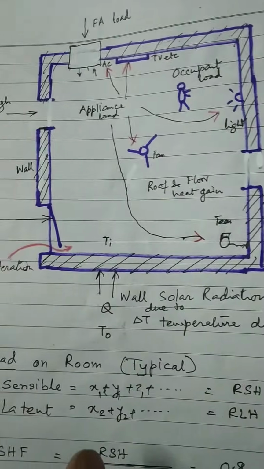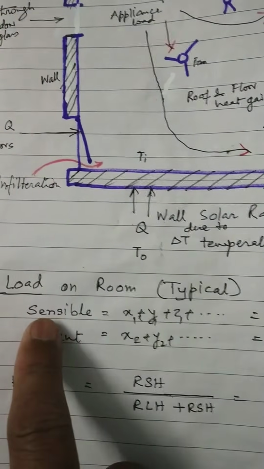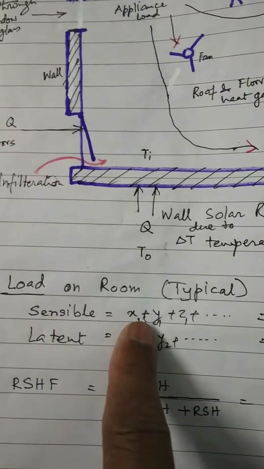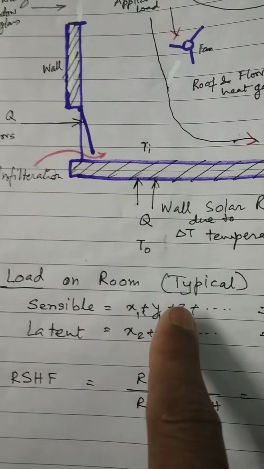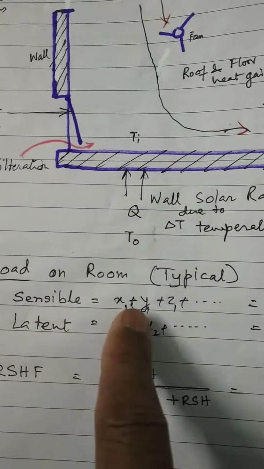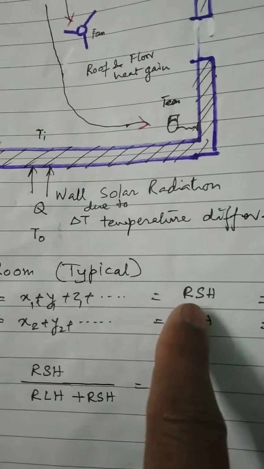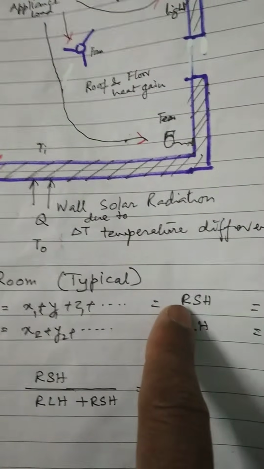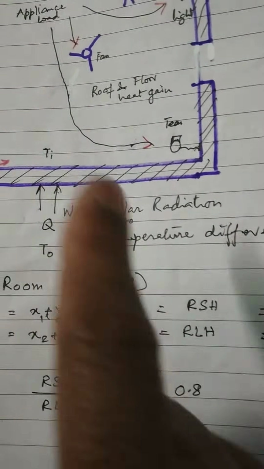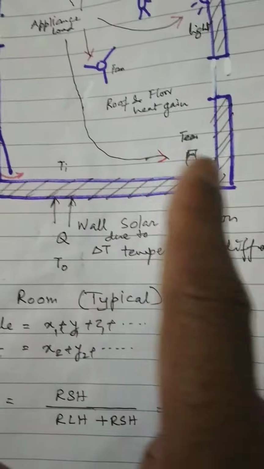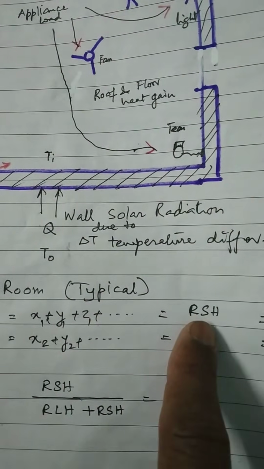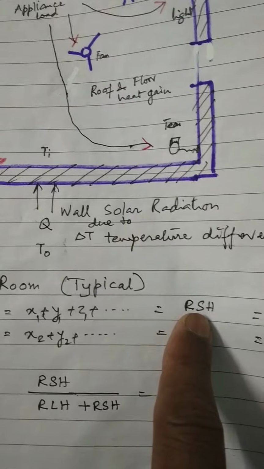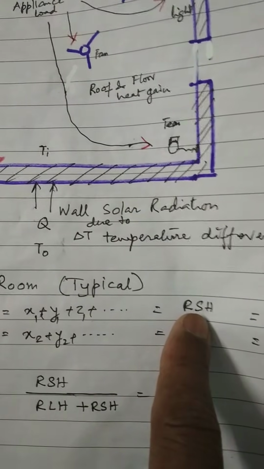We can call these sensible heat, and say X1, Y1, Z1 types of sources are there, which we add up and say this is the room sensible heat. What is room sensible heat? It is the heat which the room gets from various sources in the form of temperature increase and not humidity increase.